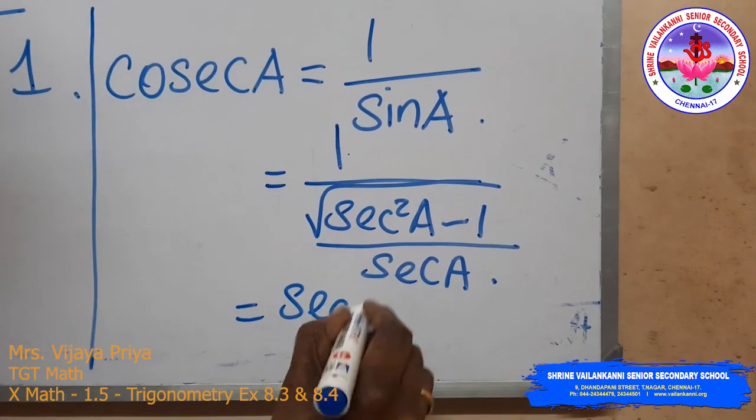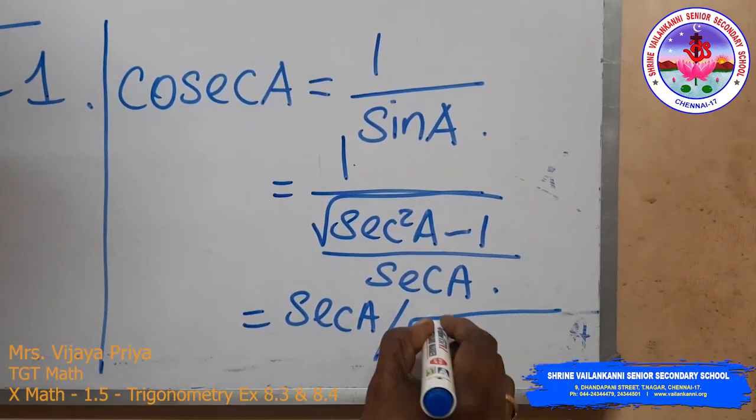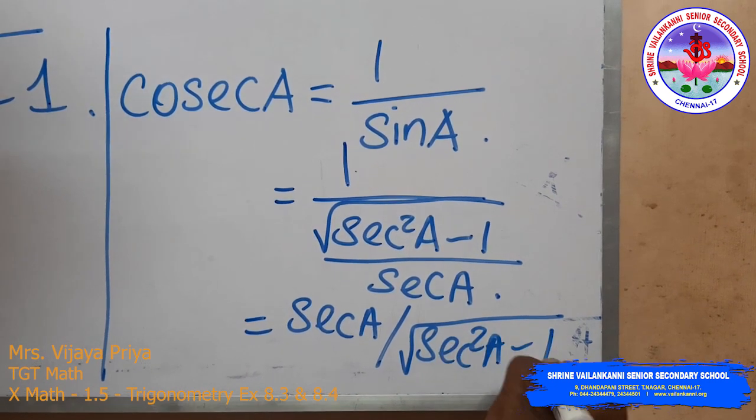So it becomes secant A by square root of secant squared A minus 1.